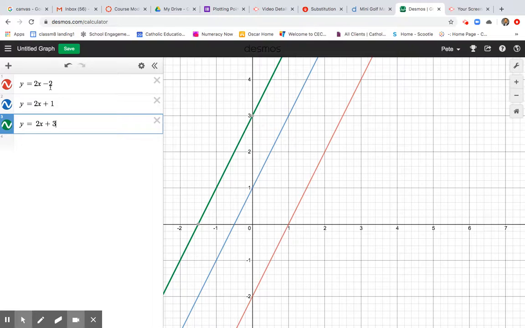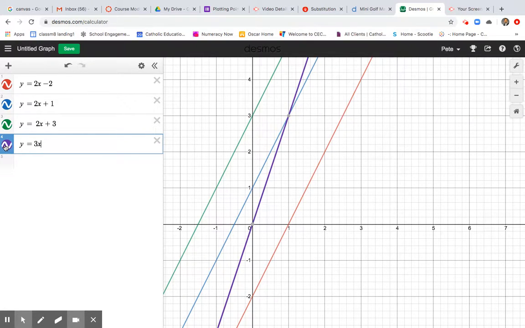So I wonder, if we typed in y equals 3x, what would that look like? Would it look the same as these, or would it look different? So have a think about that while I type it in. Y equals 3x. So obviously there's something different there.